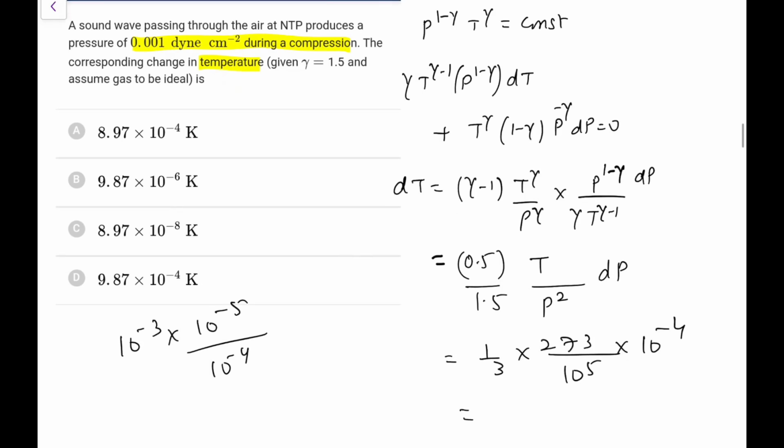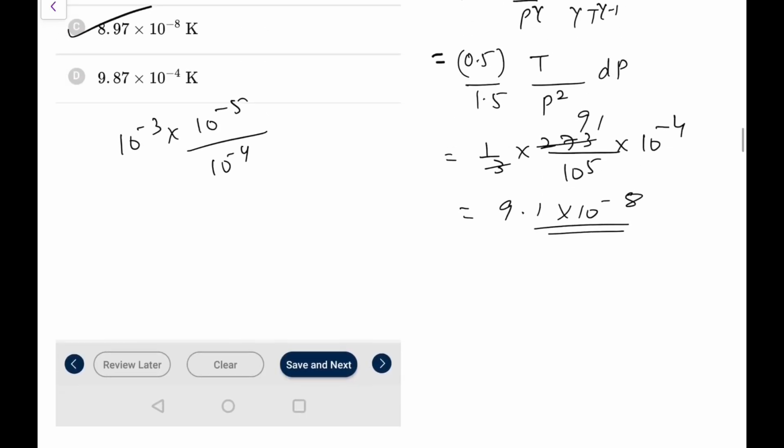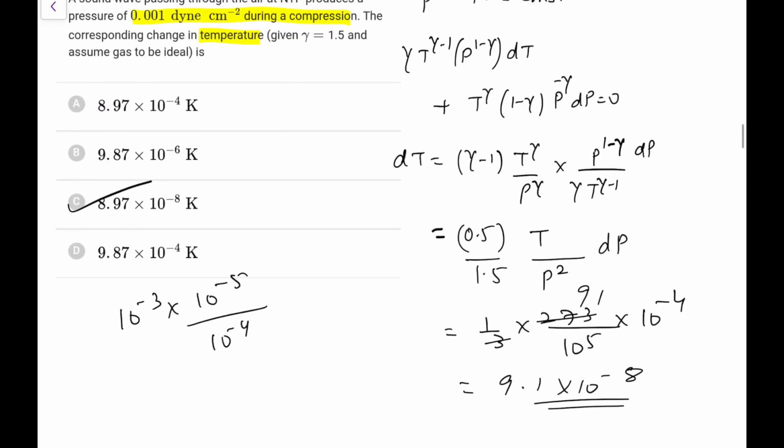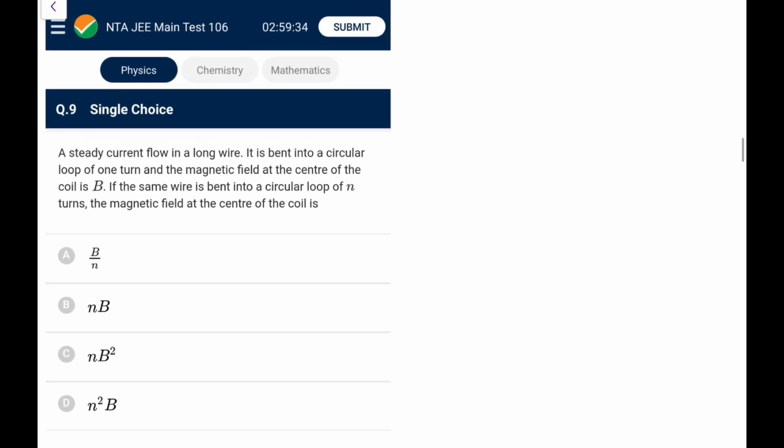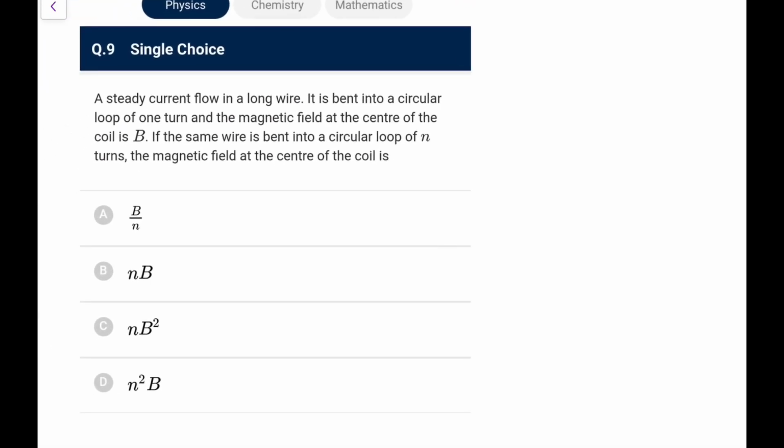So this is approximately 91, or 9.1 into 10 to the power minus 8. We'll go by the order only, so it would be option C here. There would be a slight difference because we have not taken the exact 180 m value, so we can expect that much variation.